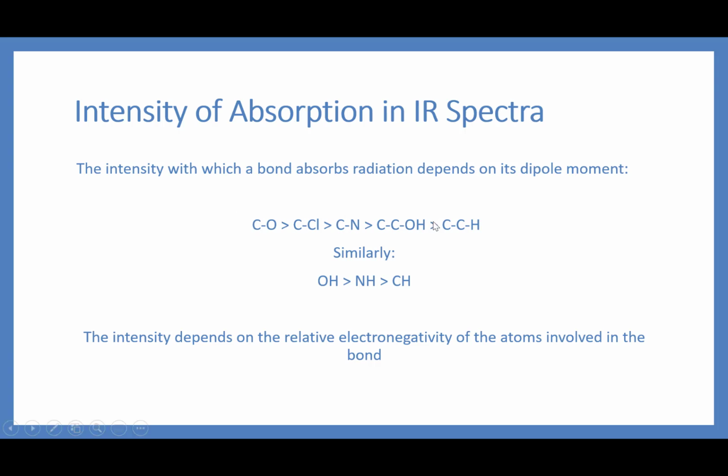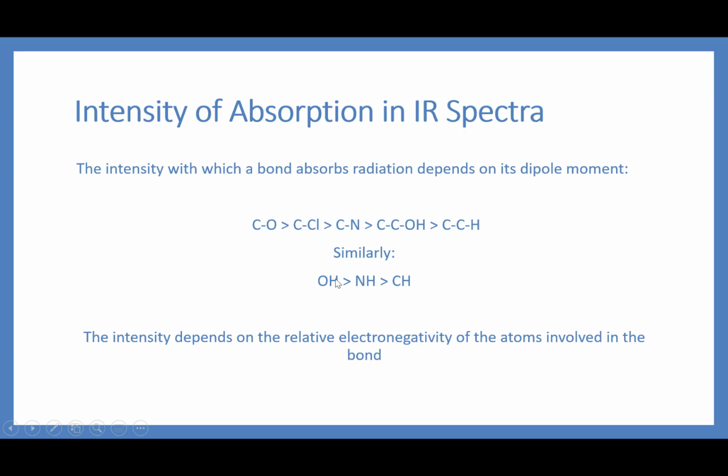So we have a couple of groups here. Okay, so a carbon bound to an oxygen, carbon bound to chlorine, a carbon bound to nitrogen, and so on. So your carbon-oxygen bond is going to be more polar, has a greater dipole and greater intensity, than a carbon to chlorine, than a carbon to nitrogen, and so on and so forth. This is the same when we're looking at, say, more polar groups.